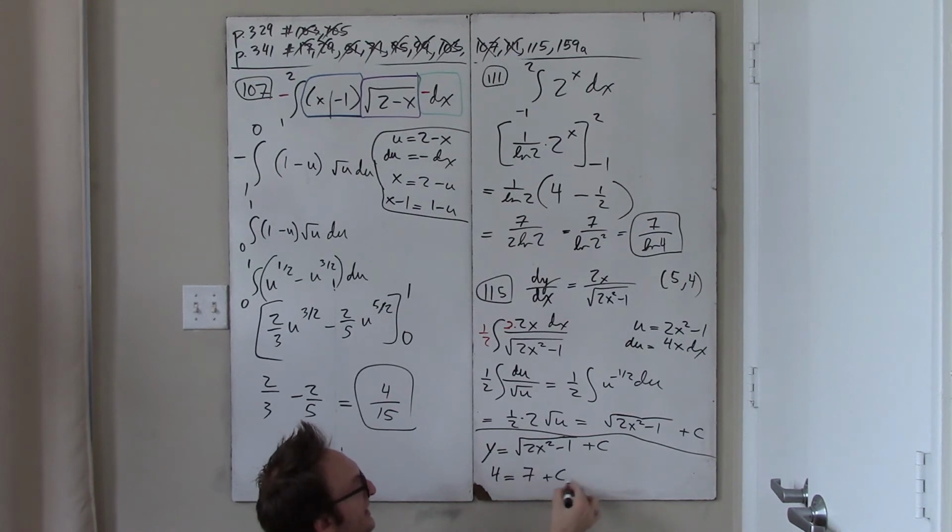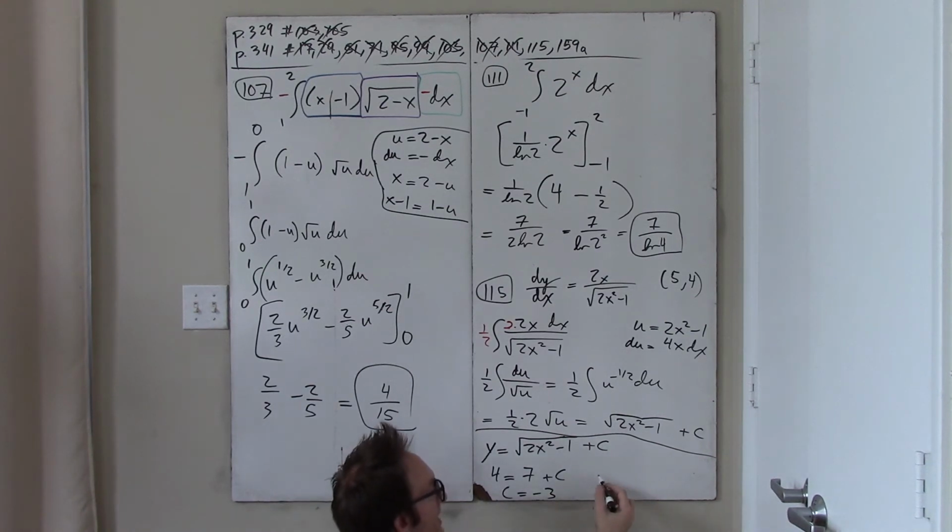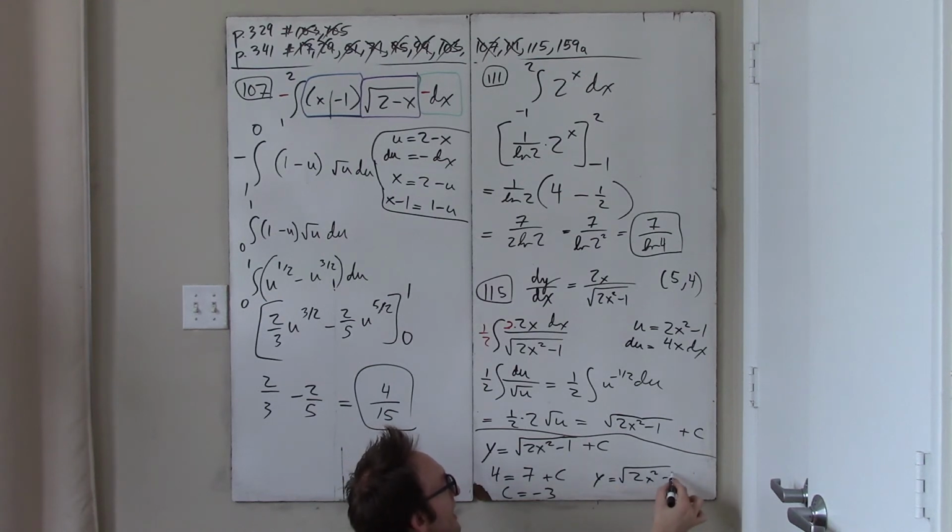So I get 7 plus c, but I'm supposed to get 4 out of that, and so c must be negative 3. I think I did that right. Therefore, the real answer to this problem is y equals root 2x squared minus 1 minus 3.